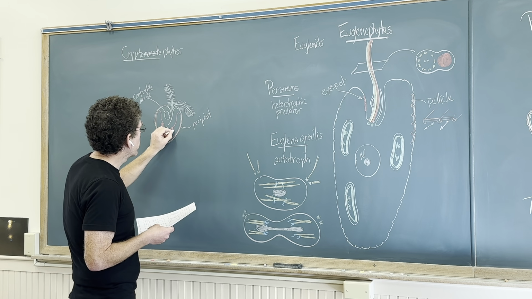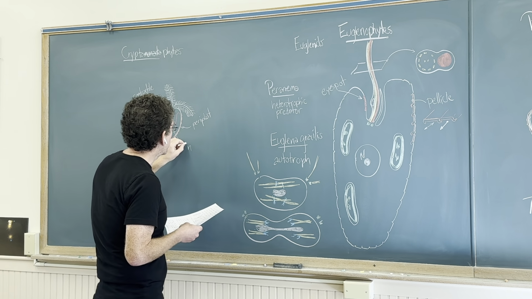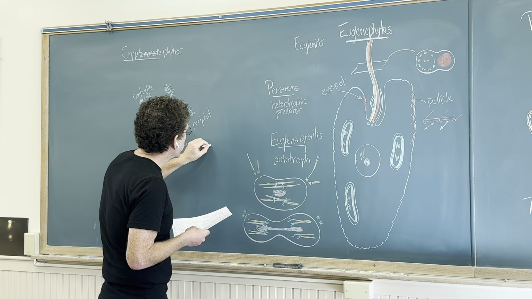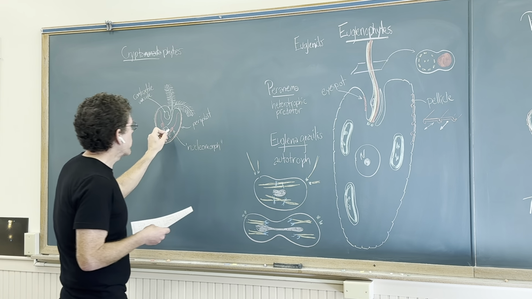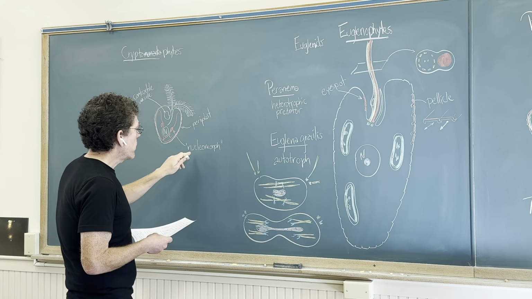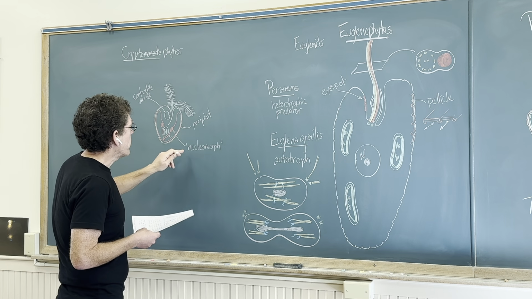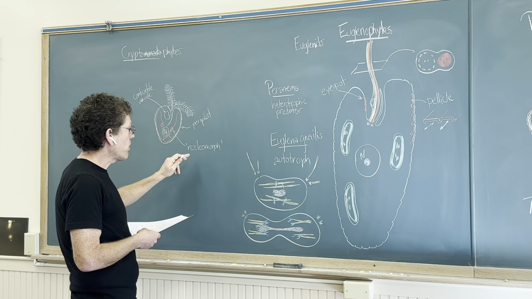More than that, these plastids have a so-called nucleomorph, something that looks like a nucleus inside the plastid. And in fact, this is a eukaryotic nucleus, or was once. It contains the remnants of what's clearly a red algal genome.